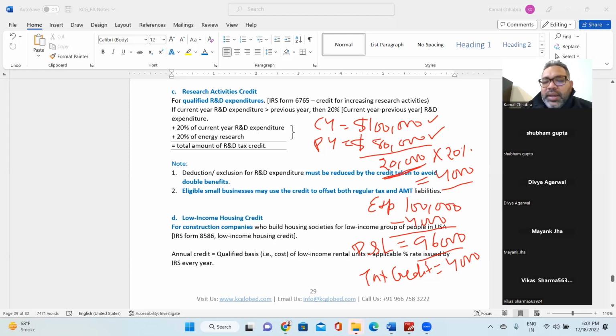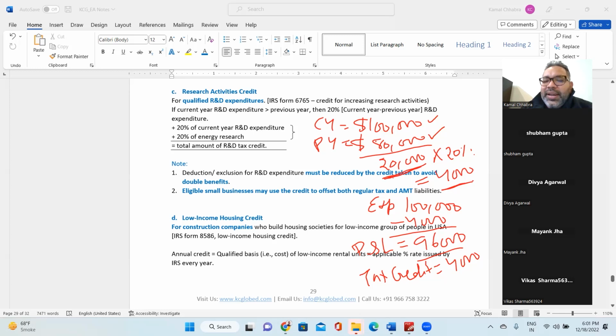Whatever the excess amount you have made in R&D expenditure from the previous year, for that 20% is being allowed as a tax credit. So 20,000 multiplied by 20% is equal to 4,000. So this is your tax credit.